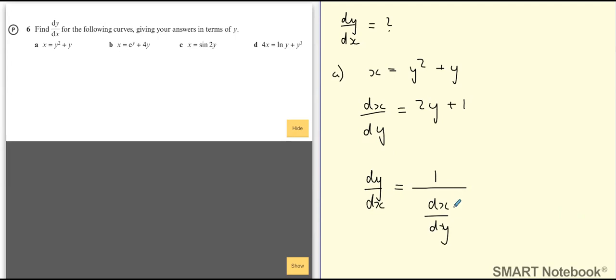There are many different things that we can do. So now, we've already worked out dx by dy. And so we can say 1 over 2y plus 1 is dy by dx. And that is the answer to part A. Are you happy with that?